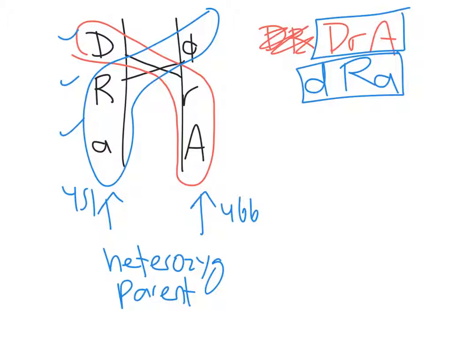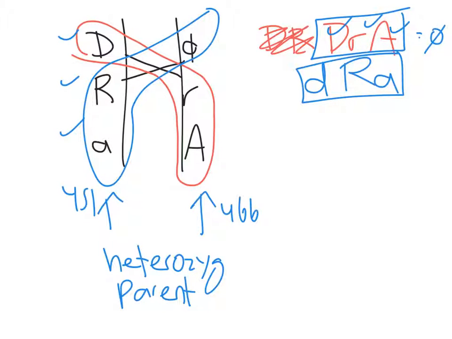But if you look back to the chart, you'll find that that combination of an uppercase D, a lowercase r, and an uppercase A, I have to show you the slide here. That has a total number of offspring of 0.